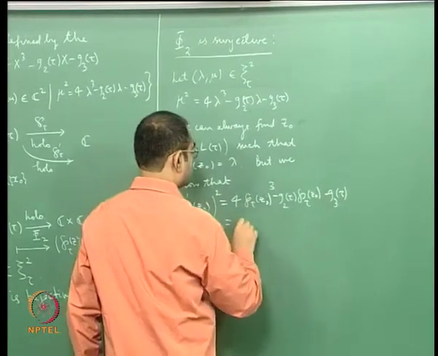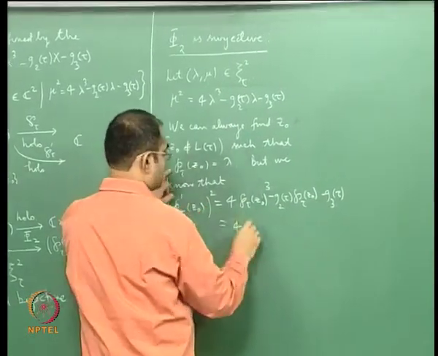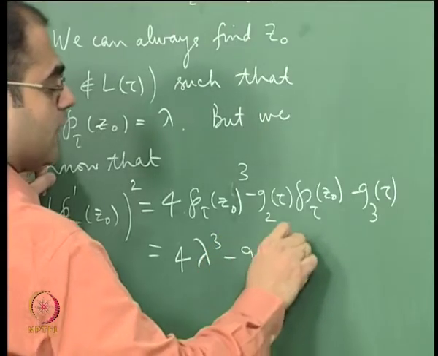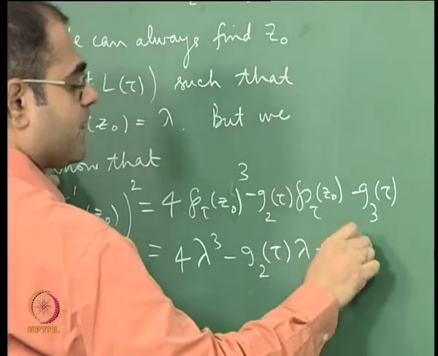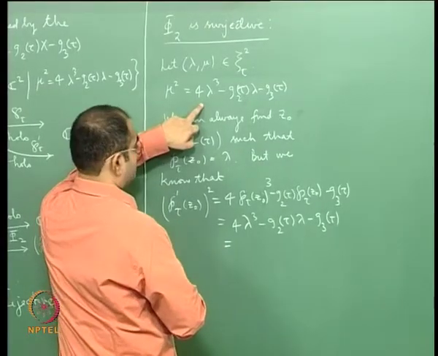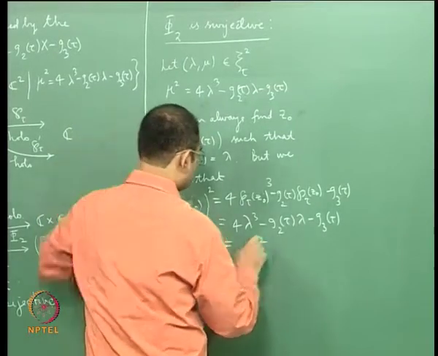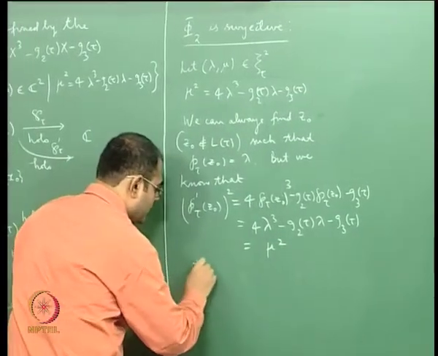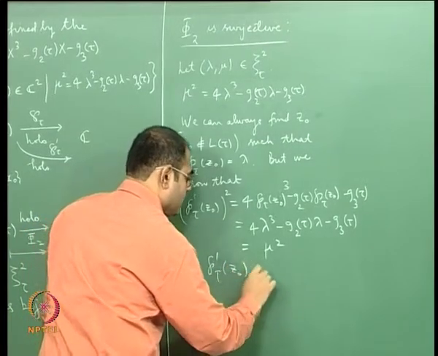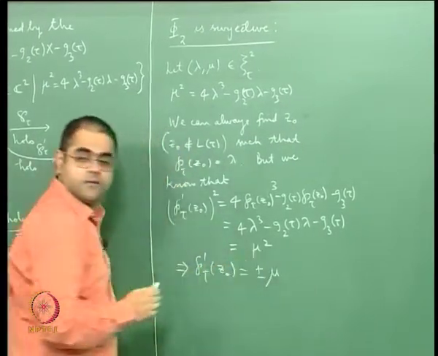So that will be 4 times, but phi tau of z0 is lambda, so it will be 4 lambda cube minus g2 tau lambda minus g3 tau, and this is by assumption equal to mu squared. Which will imply that phi prime tau of z0 has to be plus or minus mu.